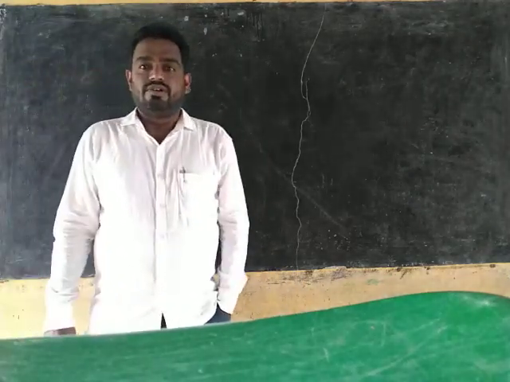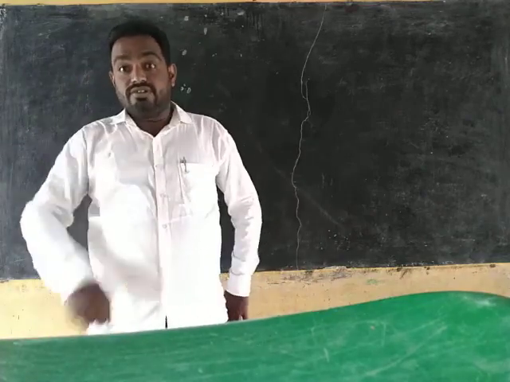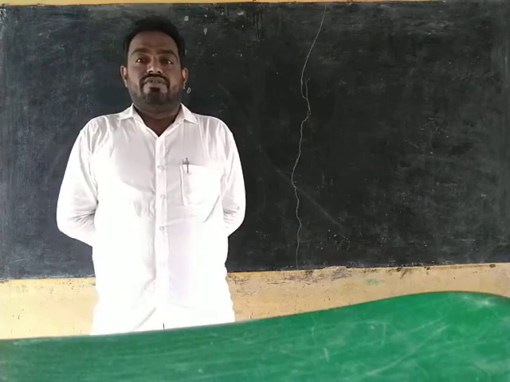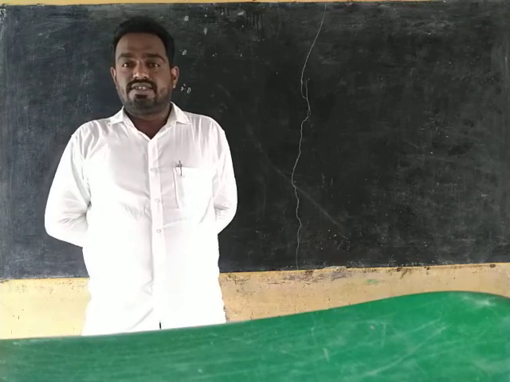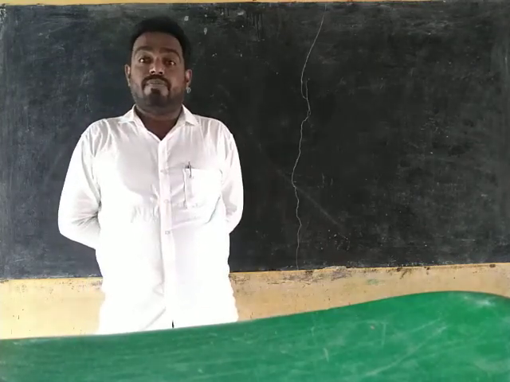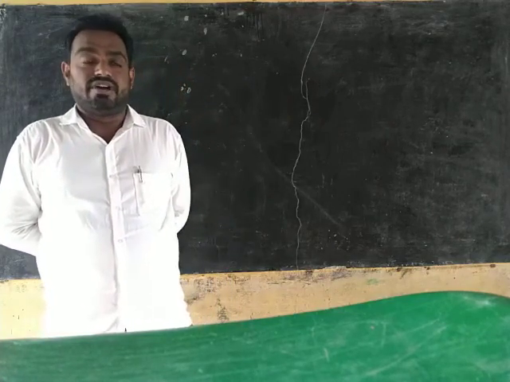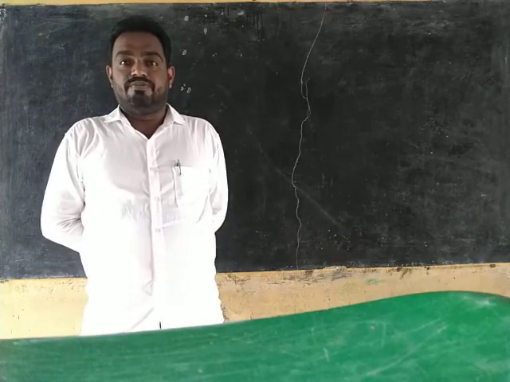In the last video, we already discussed the introduction of the coordinate system. What is the definition of a coordinate axis, x-axis, y-axis, origin and quadrant, and general points in different quadrants, we also discussed in the last video.